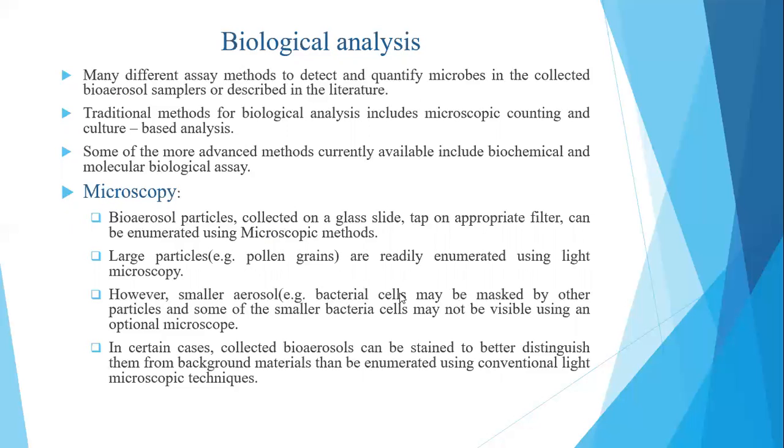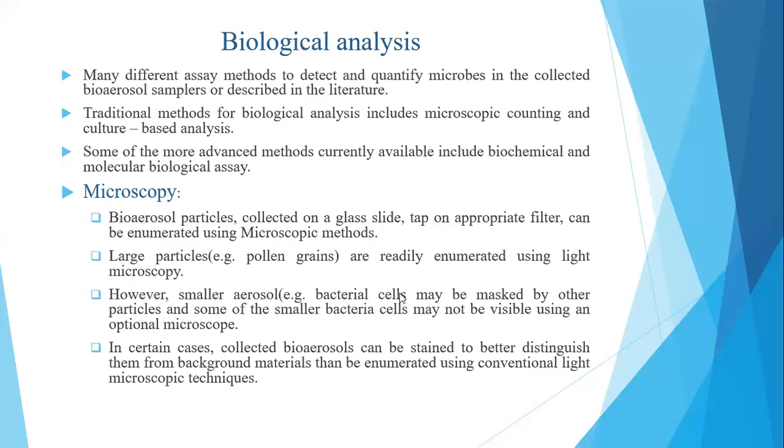The first one is microscopy. Bioaerosol particles are collected on a glass slide or an appropriate filter, and they can be enumerated using microscopic methods. Large particles, for example pollen grains, are readily enumerated using the light microscope.